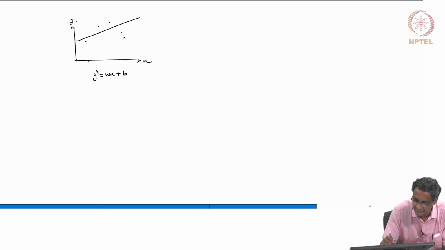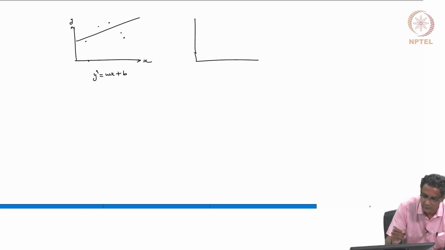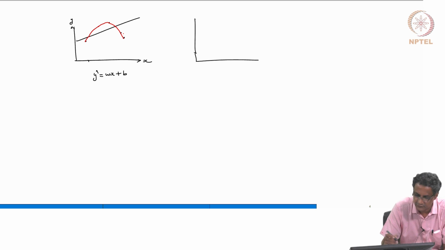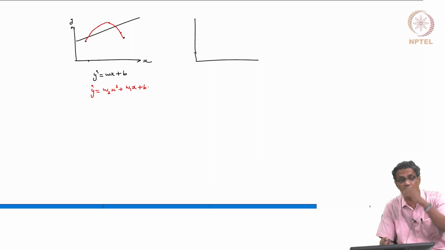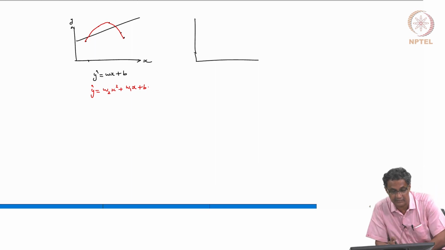Now the other way could be that I go like that and fit something like that. Maybe I'll write this as y hat is equal to w2 x square plus w1 x plus b. We are just looking at a scalar case; imagine all this is happening in some high dimensional space in reality.